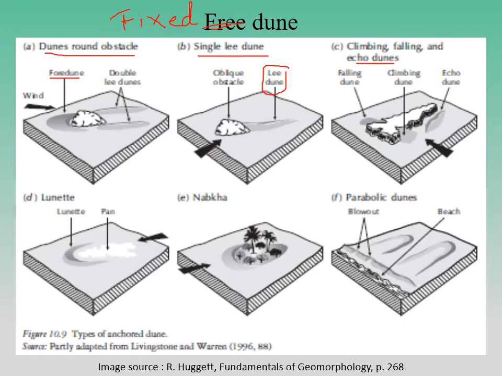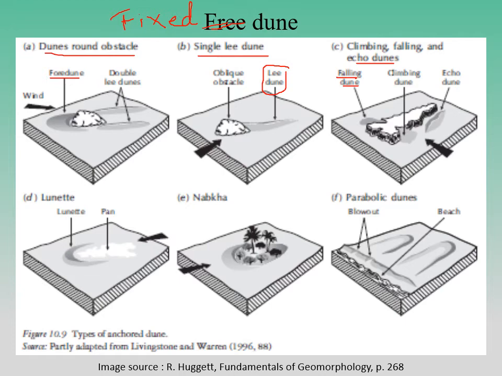There will be no deposition in this upwind portion. But in the downwind direction, as this is a shadow zone, deposition occurs, and this is known as falling dune.